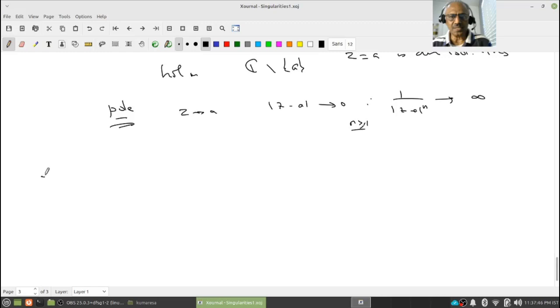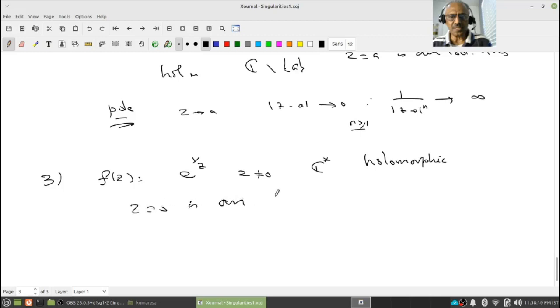Now, third, let us look at f of z equal to exponential of 1 by z, z not equal to 0. Again, on C star, this is holomorphic. Therefore z equal to 0 is an isolated singularity.